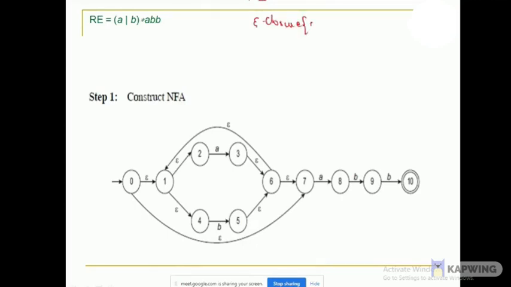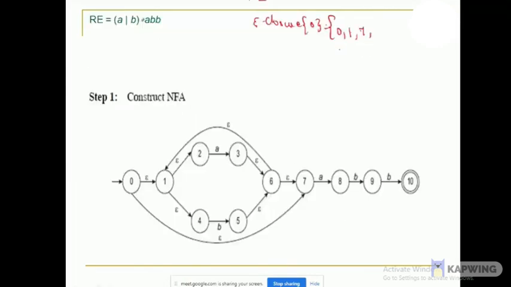So epsilon closure of 0 will have 0 itself. Next, 1, and there is a transition from 0 to 7 on epsilon, so that should be added here: 7. So 0, 1, 7 is there. Is there any other transition from 0 on epsilon?